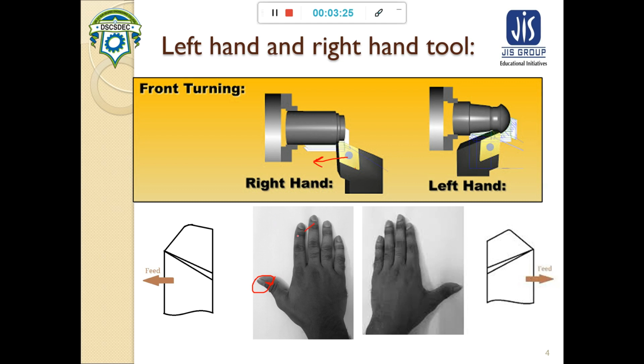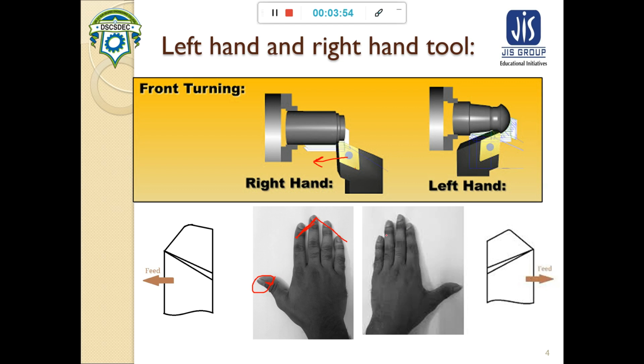You may imagine it like this also. If you put your right hand on the top surface of the machine tool, then your right hand may look like a cutting tool, and the feed is given in the direction of the thumb.